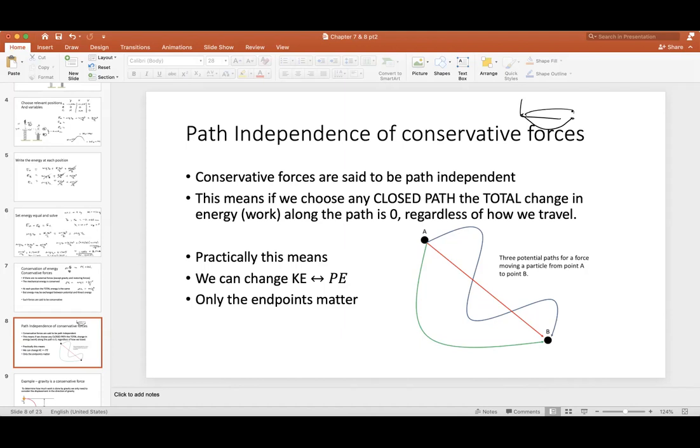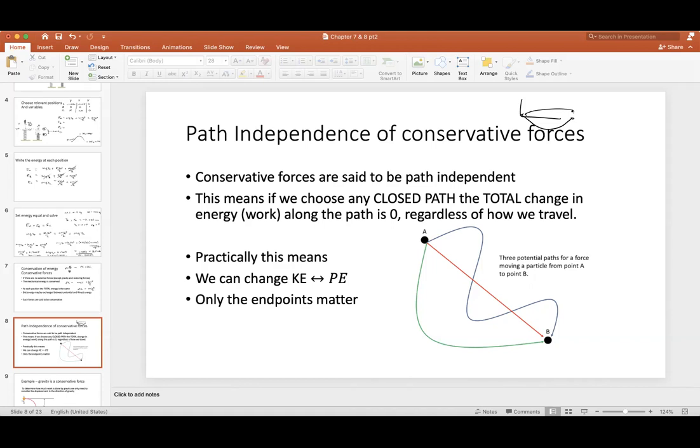Conservative forces are path independent along a closed path. They always end up being zero. What that means is that we only care about the endpoints. We only care about the position at A and the position at B, and we figure out the potential from there, or we figure out the kinetic energy at those endpoints. And we don't care how we got there.